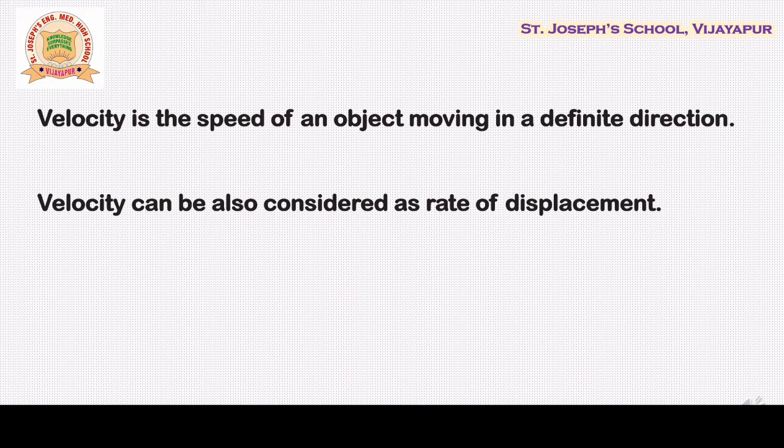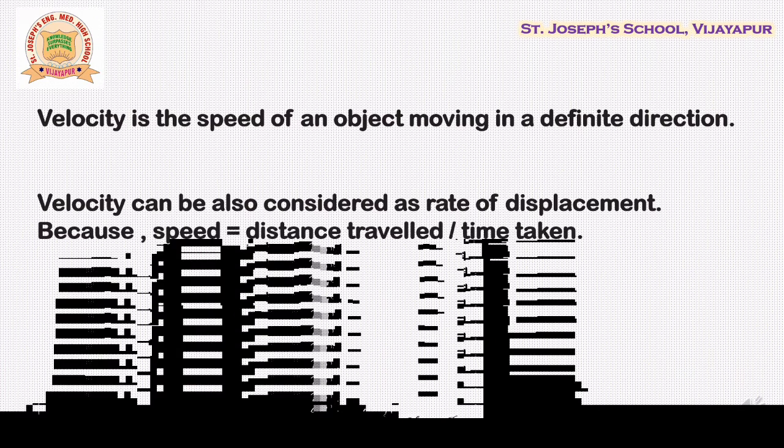In regular life, whenever we buy things, we talk about the rate of an object with respect to its cost or money. Here, the rate is always specified with respect to time. So any quantity divided by time will be called the rate of that quantity. When I divide displacement by time, we call it rate of displacement.